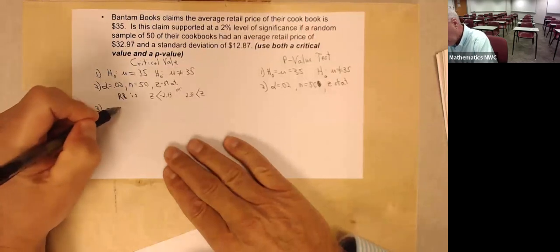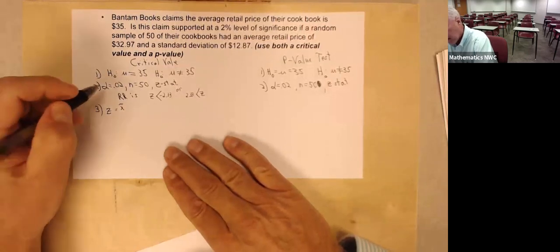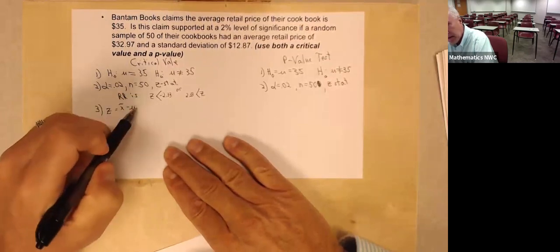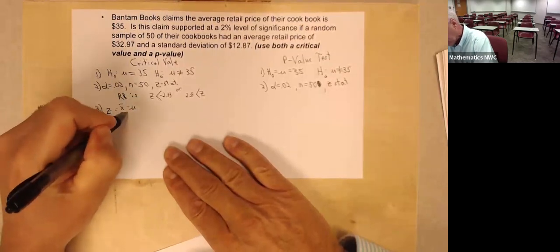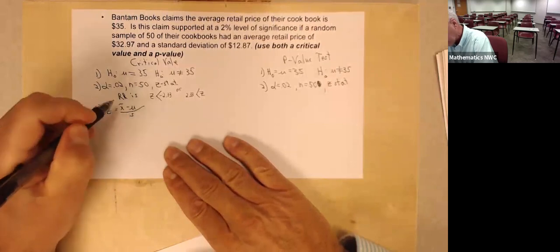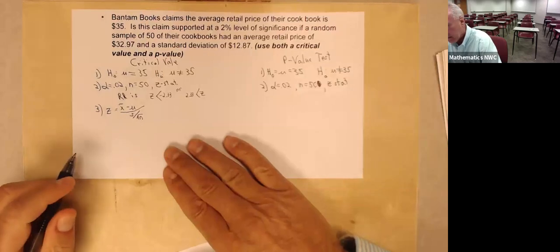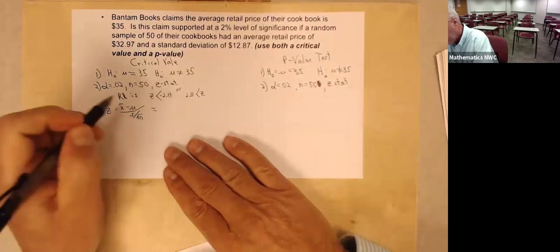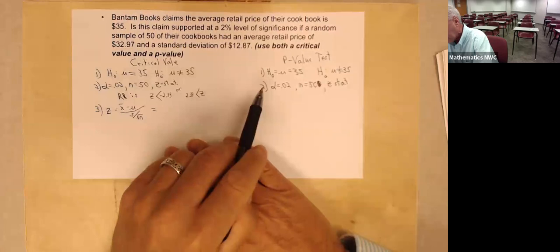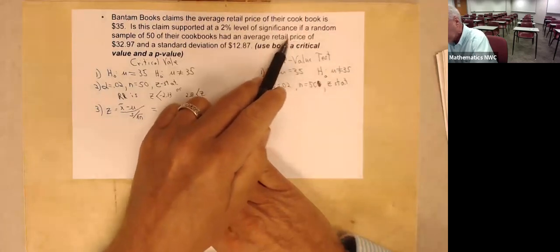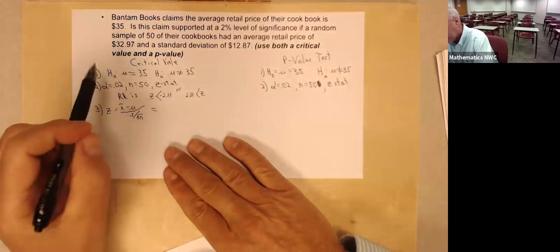It's going to be the sample mean minus the hypothesized mean, that's the number up here, divided by the standard deviation divided by the square root of n. So plugging in my numbers, my sample mean, average price from the sample was $32.97.